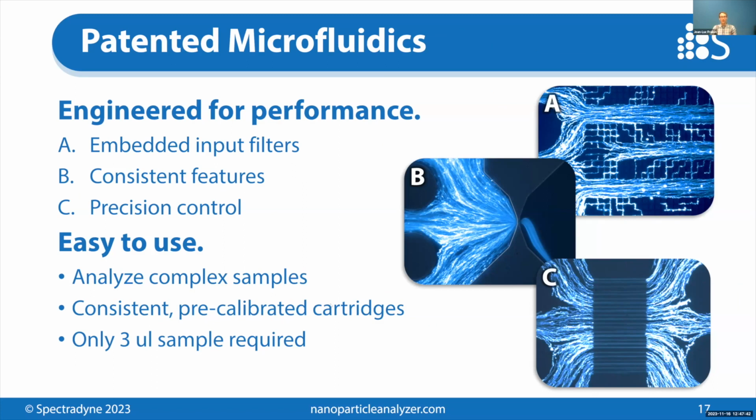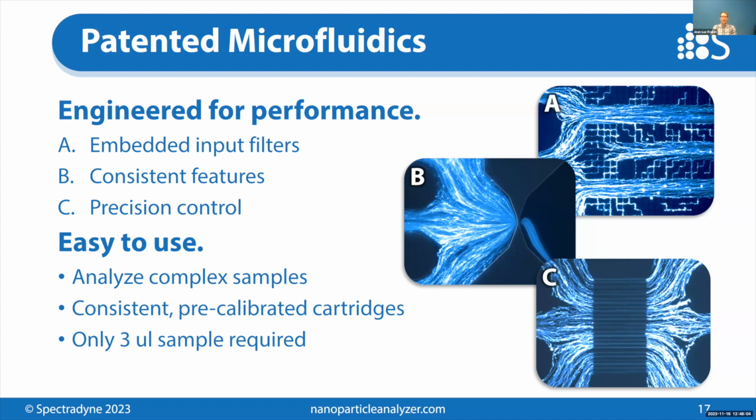Part of Spectradyne's innovation is in the microfluidics, where we have embedded an input filter to the cartridge. It's not a membrane filter like you would normally think of. It's really just a network of small channels through which the sample must pass.